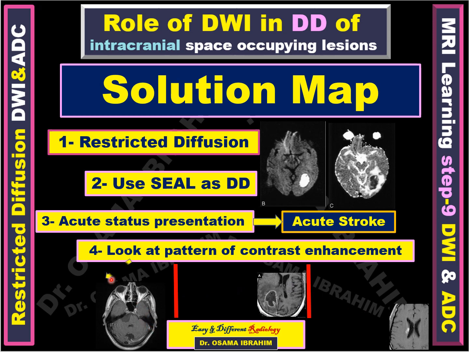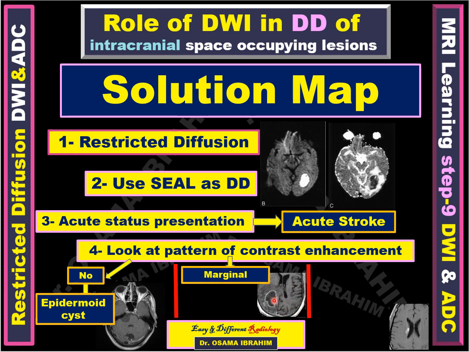As we see here, if there is no contrast enhancement at all, the lesion represents an epidermoid cyst. However, if there is marginal enhancement with diffusion restriction, as we see here, it represents an abscess.